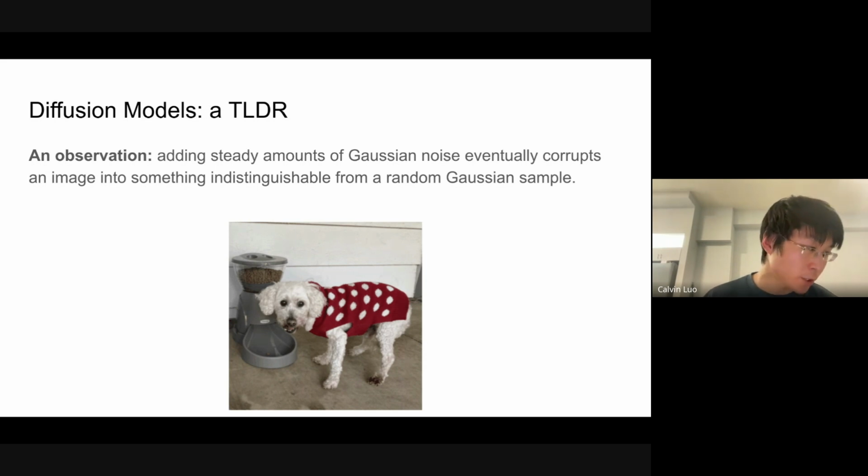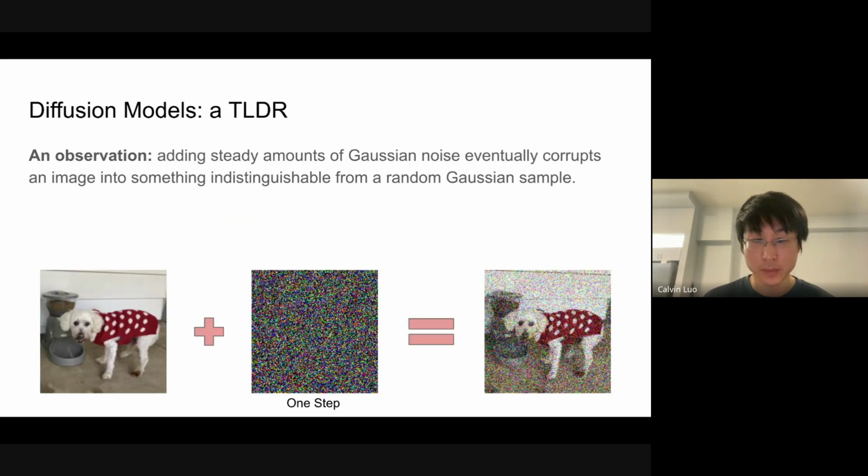The observation that we make, the high-level intuition behind diffusion modeling, is that if we take one clean image and add steady amounts of Gaussian noise to it, repeatedly sampling a Gaussian noise vector and applying it, then sampling another one and applying it, eventually it will corrupt this image into something indistinguishable from a random standard Gaussian sample.